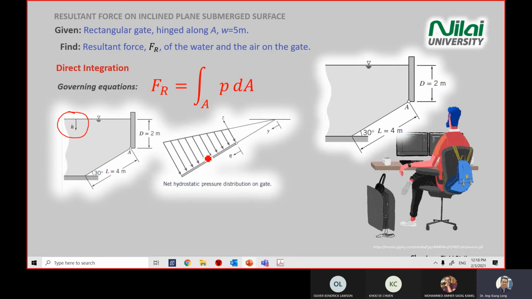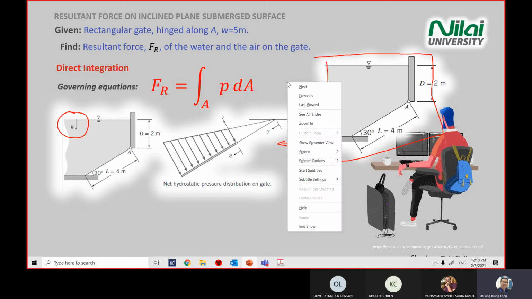On the plate itself, in the middle diagram, you need to draw a rectangle. How do you convert this diagram into this one? It's important.